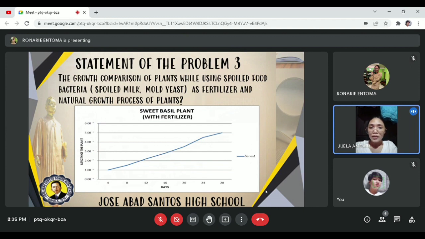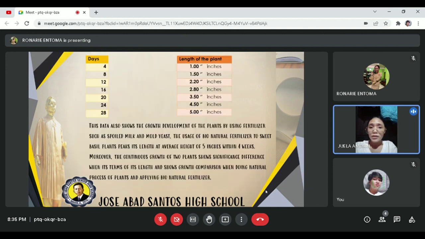This data shows the growth development of plants by using different types of fertilizer such as spoiled milk and mold yeast. The pair of graphs show the growth comparison. So in our first appearance, the non-fertilizer soil with sweet basil peaks in length at 4.7 inches within 4 weeks of development.